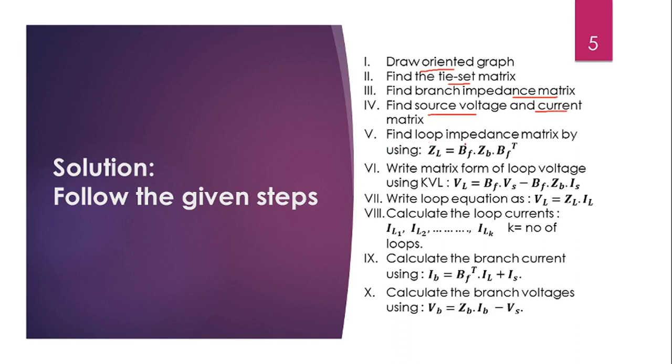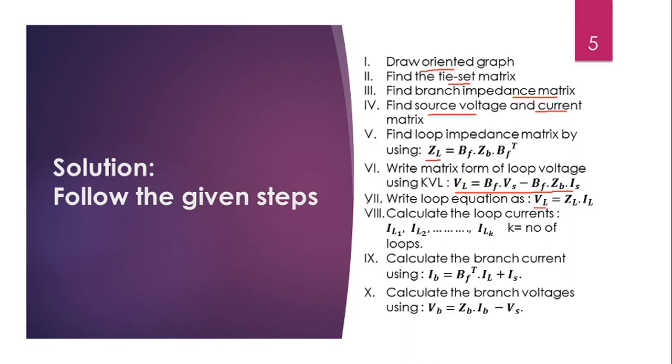Then fifth step, we have to find out the loop impedance matrix by using the relation ZL equals tie-set matrix times impedance matrix times transpose of tie-set. Then step 6, we want to find out the loop voltage using this relation. After getting this VL from step 6 and ZL from step 5, we can write the loop equation as VL equals ZL into IL.